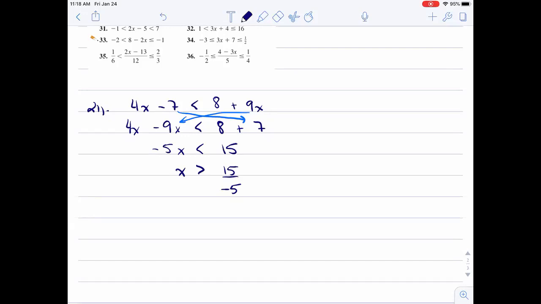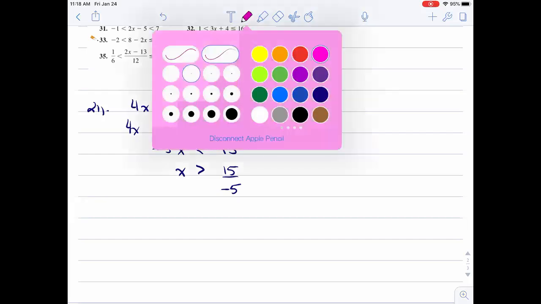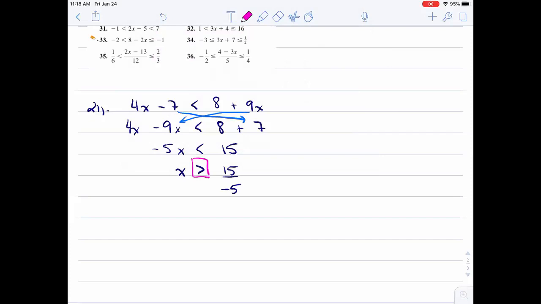Just the negatives mess it up. Positives are fine, but negatives are bad. They're not bad, but we have to flip the sign. Exactly, so multiplying or dividing by negatives, that's when you have to flip them.